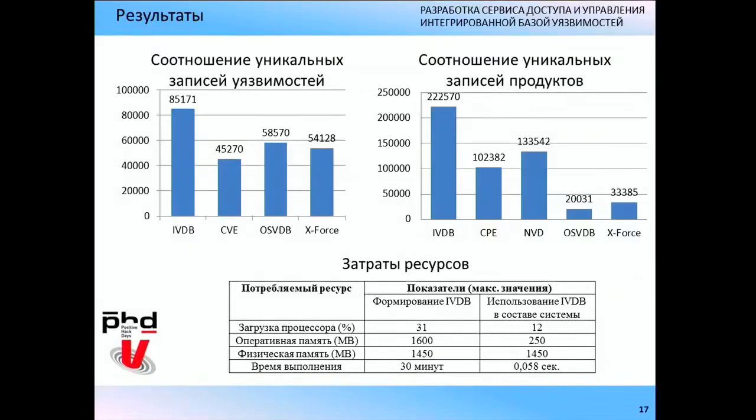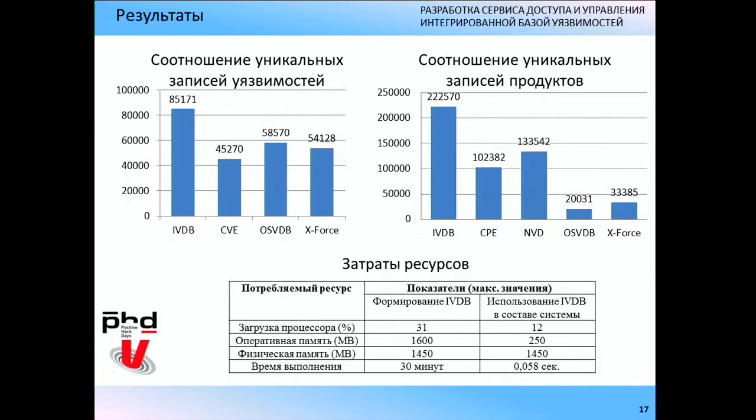As a result of setting up the base, we have the following results: the integrated list of vulnerabilities contains 85,000 unique records, with relations with the X-Force 45 and other fields.